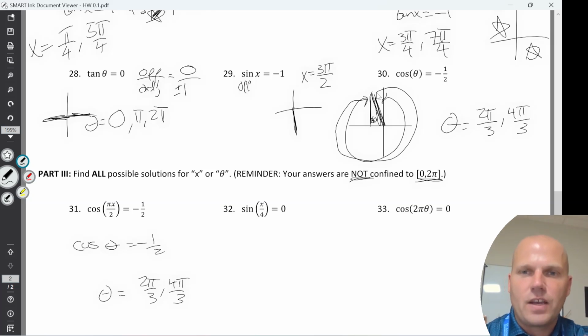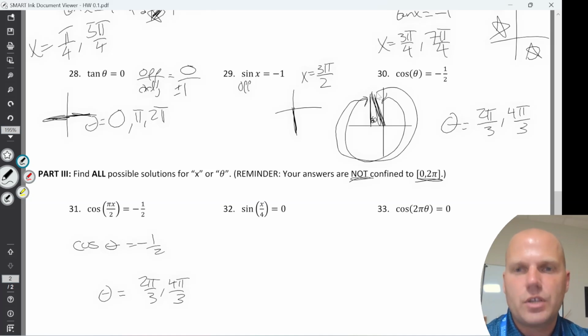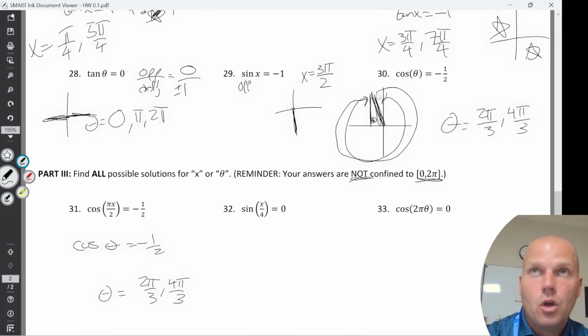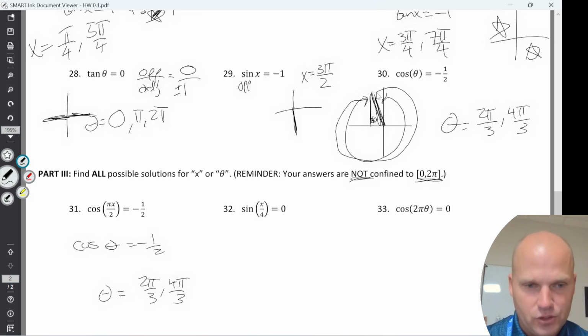This is the concept of adding 2 pi or subtracting 2 pi or adding 4 pi, or adding any multiple of 2 pi to get more possible answers. These are called coterminal angles. They are ending up in the same location, but they are different angles.